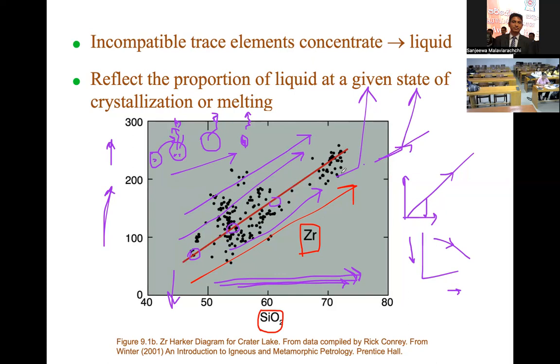Okay, do you understand? If you are taking a direction of increase in silica, then you are talking about the melt mainly, right? If you are taking the opposite direction, then you are talking mainly about your residue, because in the residue you are decreasing silica content, meaning increasing your maficness, right?